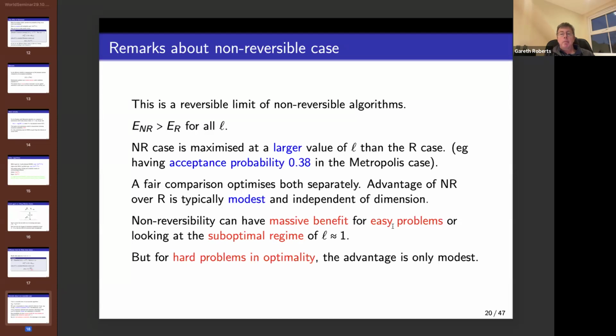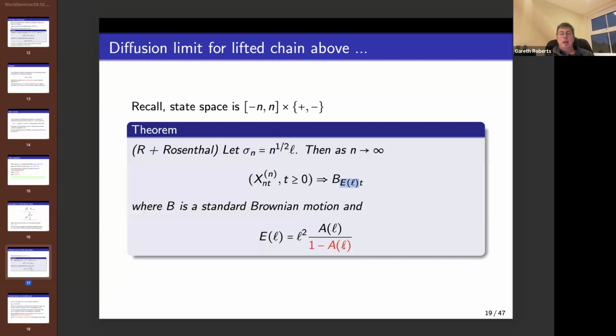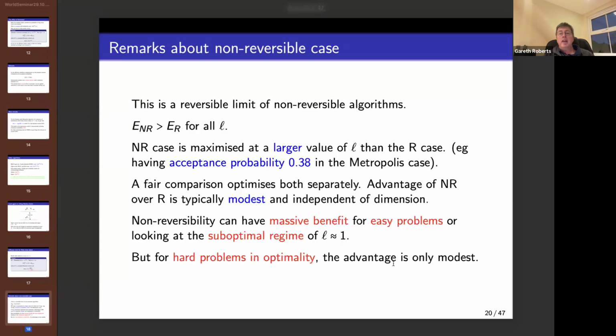If you wanted to maximize that expression on the previous slide, you can maximize it again to get the acceptance probability. And it turns out that the optimized acceptance probability is 0.38, which is larger than the reversible case of 0.234, because essentially there's more of an incentive to keep going to break down that random walk behavior.